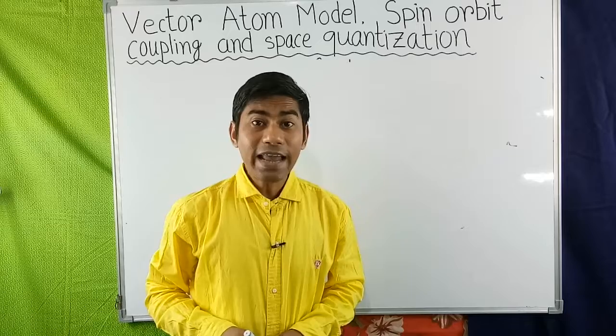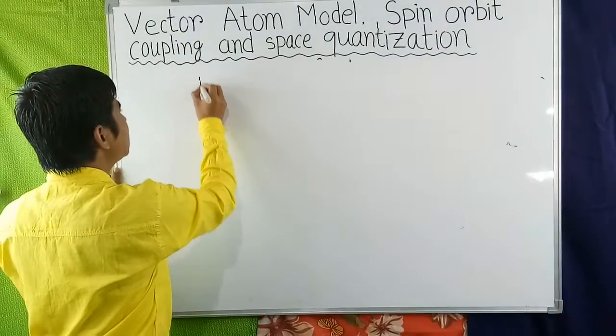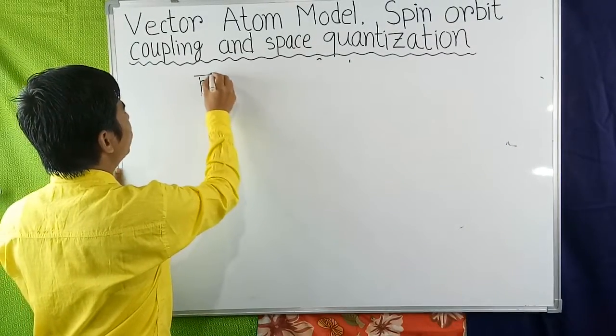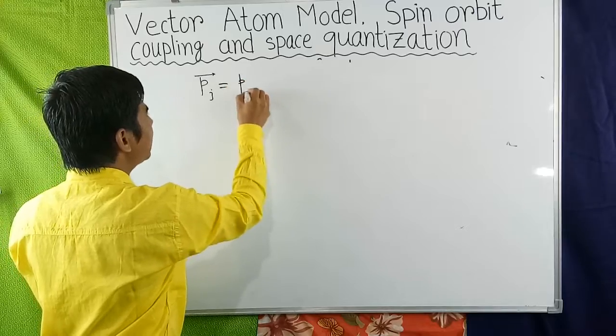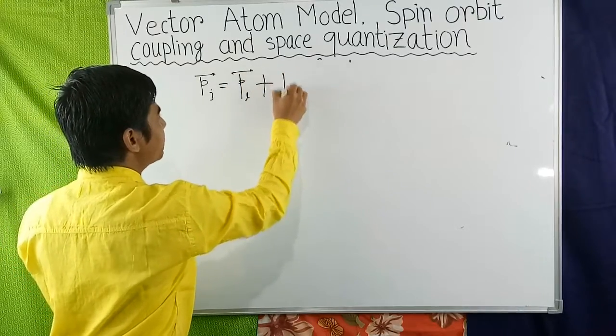So, the total angular momentum is Pj vector equals PL vector plus PS vector.